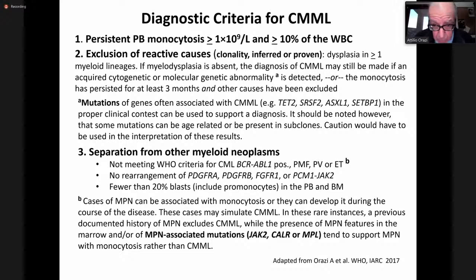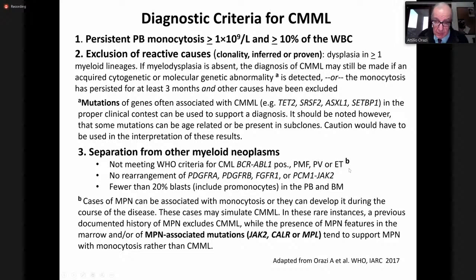The usual one is the P210 in this context, but if you have the P190, you can have monocytosis. So you have to rule out CMML always. Primary myelofibrosis, polycythemia vera, not so much ET, can have monocytosis. No rearrangement of the eosinophilia-associated fusions that are in the WHO. I don't have to read them, I know you know those. And you always have to have less than 20% blasts. Otherwise, you are in AML territory. You are not in CMML.